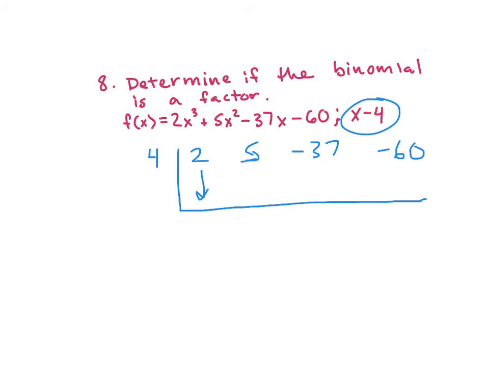So we drop down the 2, multiply, okay, so 2 times 4 gives us 8. 5 plus 8 would be 13. 13 times 4 is 52. 52 minus 37 is 15. 15 times 4 is 60. And 60 minus 60 is 0.